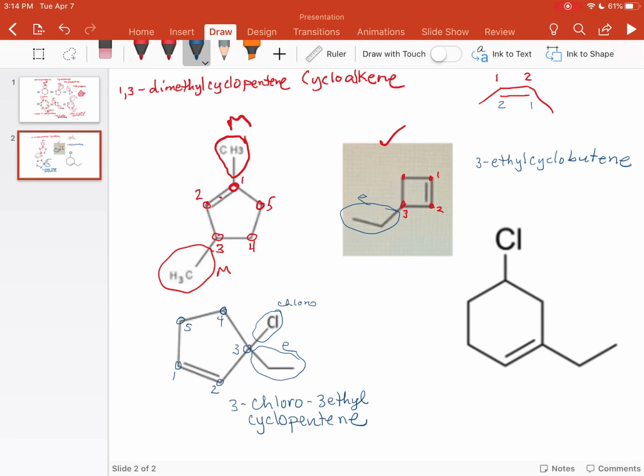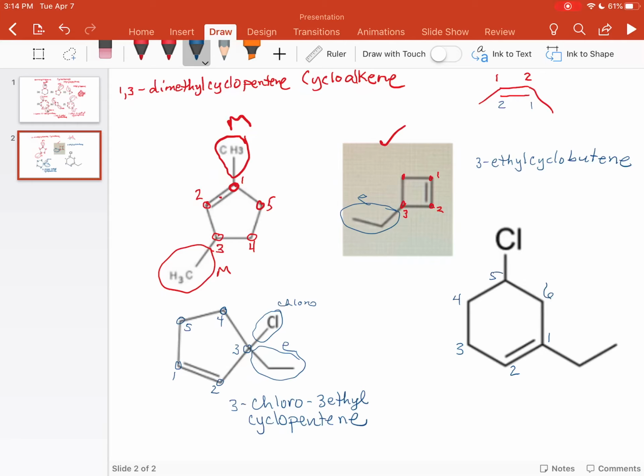And then on my last one, my numbers have to be as small as they possibly can, and if I can have a 1 in a name, that's what my preference is going to be. So I'm going to start with my 1 here and have my 1 and 2 jump across the double bond in that direction, so that I have a 1 in my name.